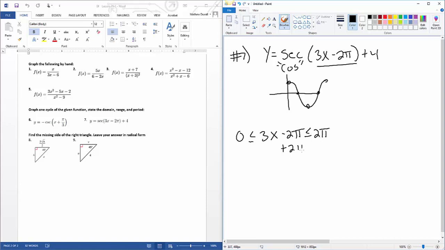So we're going to add 2 pi to every side. Divide everything by 3. And so 2 pi thirds is less than or equal to x, which is less than or equal to 4 pi thirds.